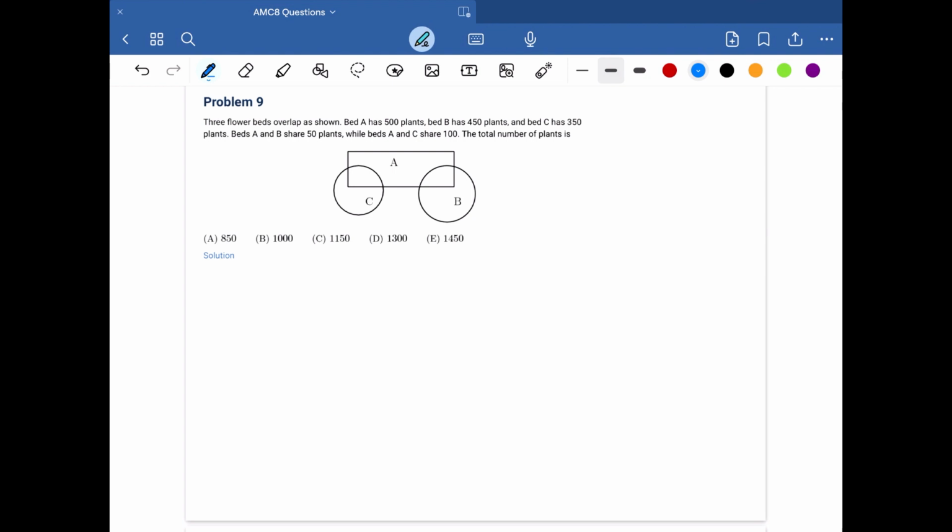Since bed A has 500 plants and you want to keep that the same, we keep 500 here. But then bed B has 450 plants, but they overlap with bed A by 50. So if you were to count 500 plus 450, that would overcount by 50. So we subtract 50 from here.